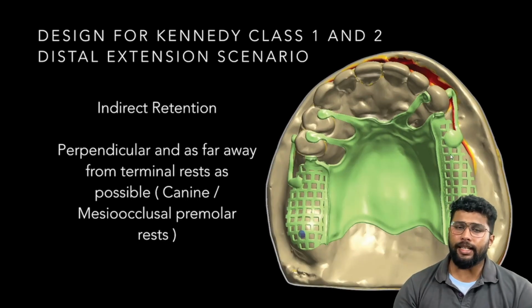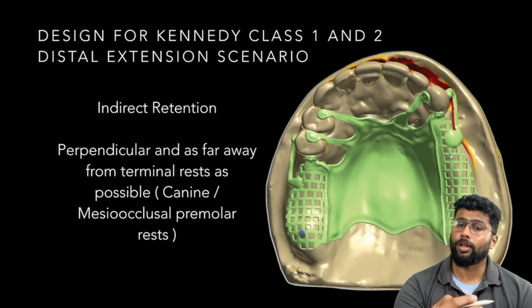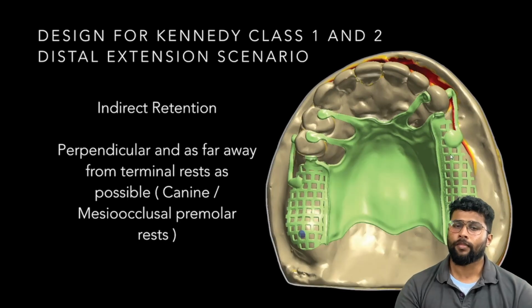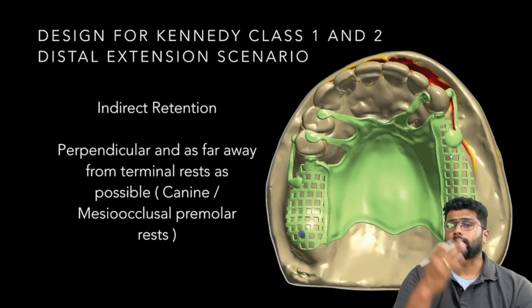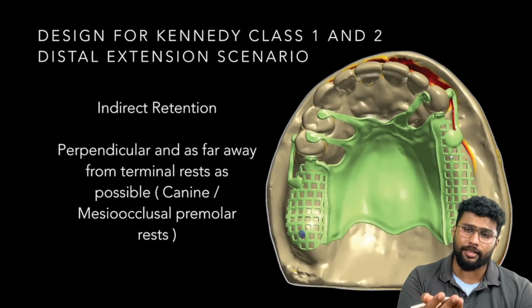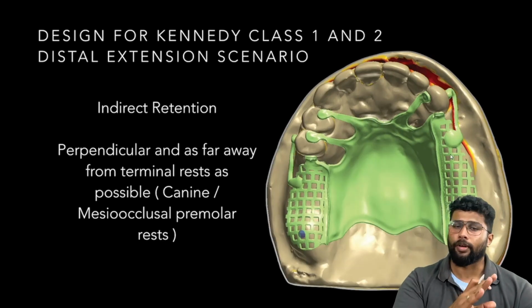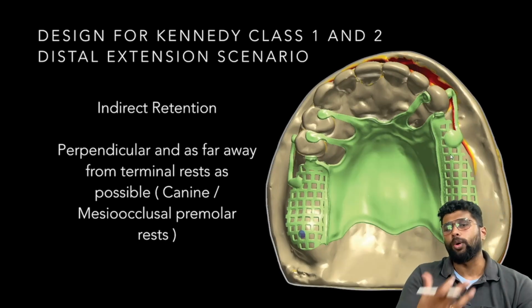In terms of indirect retention, we will be using perpendicular rests or auxiliary rests in a direction perpendicular to the axis of rotation as far anteriorly as possible. Now, for reasons discussed earlier, we obviously cannot load the incisors because they are labily placed and their roots are small. The canine again has a sloped surface, and even an axial force on a sloped surface vector resolves into a sloping force.